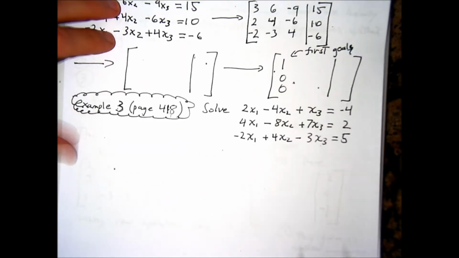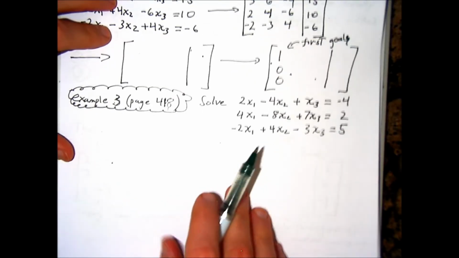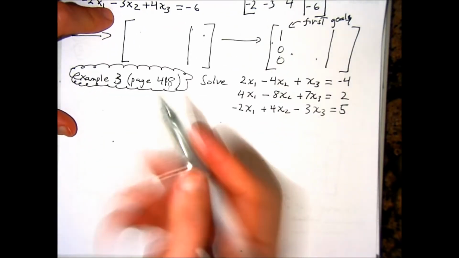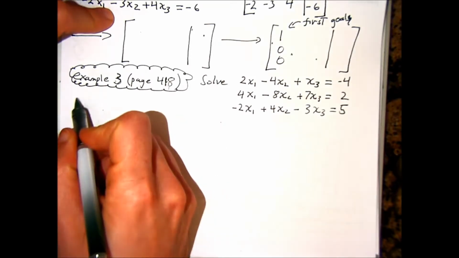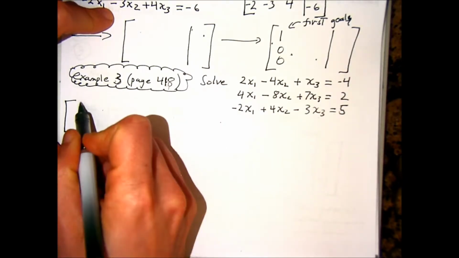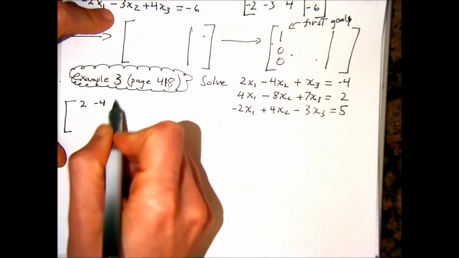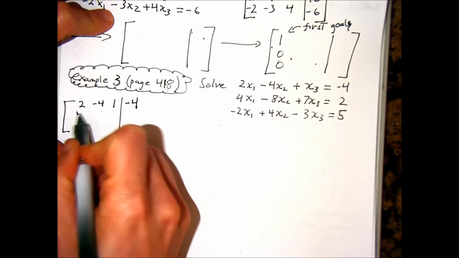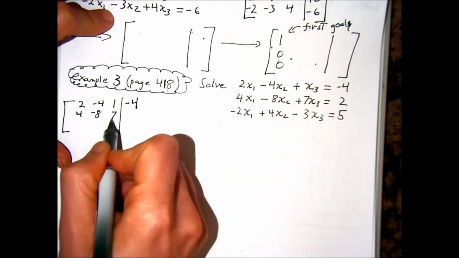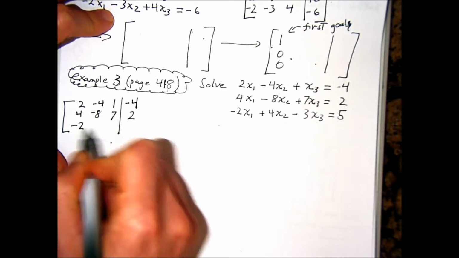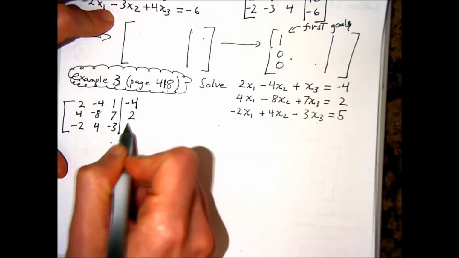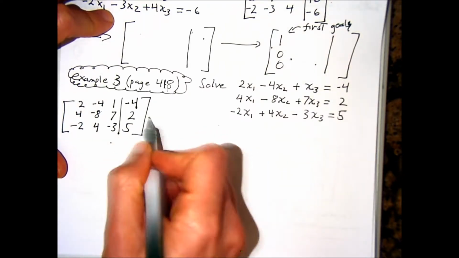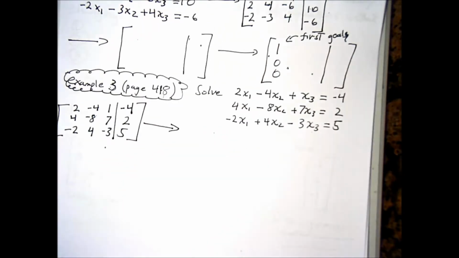Example 3, page 418. We want to solve this system, and so we start by writing the coefficients. 2, -4, 1, vertical bar, -4, 4, -8, 7, 2, -2, 4, -3, 5. Okay, so what do I do now?